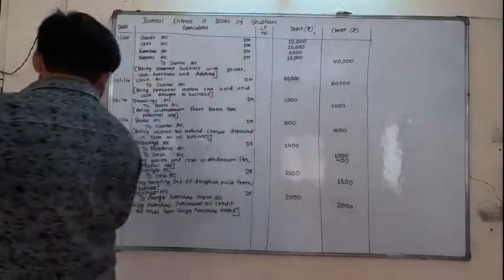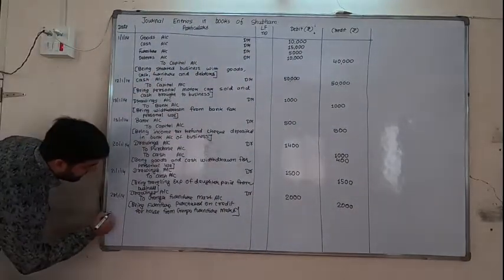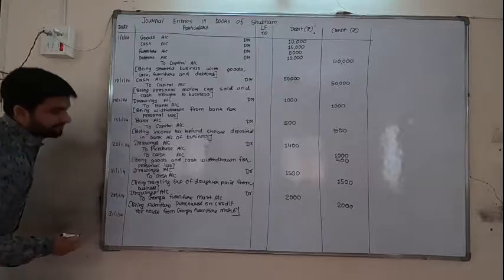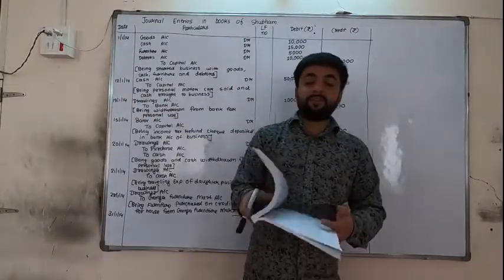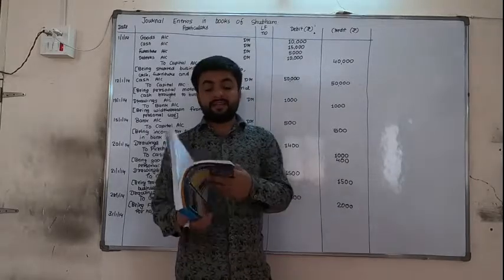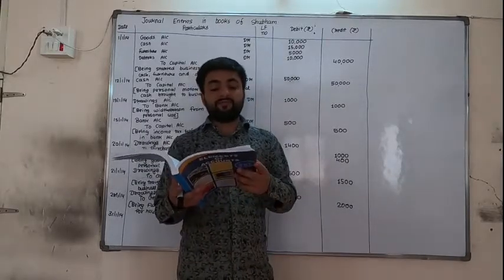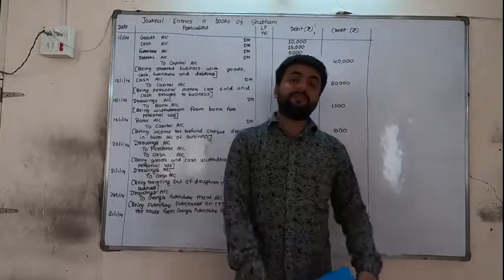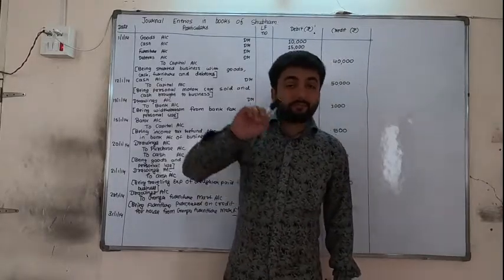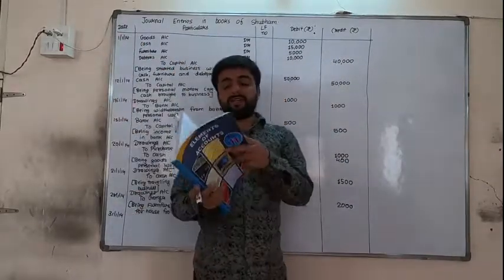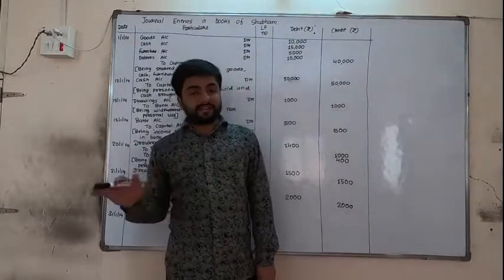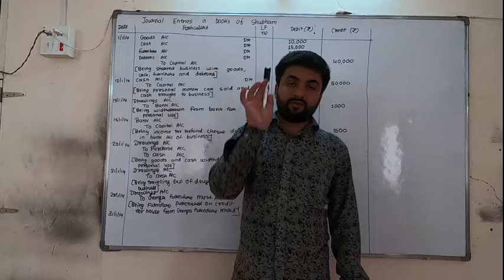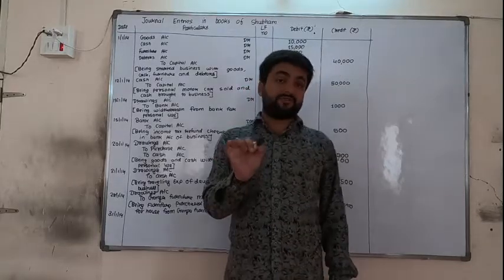Now the last transaction is yesterday's last transaction. Life insurance premium of 500 paid by check. Read yesterday's last transaction: paid 2500 for life insurance premium. There only the word paid was given, so cash is going out, cash is credited, and drawings was debited because it is life insurance premium.